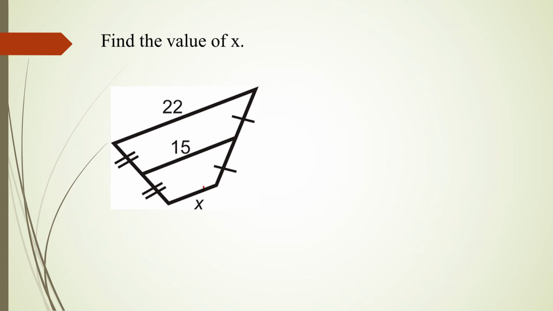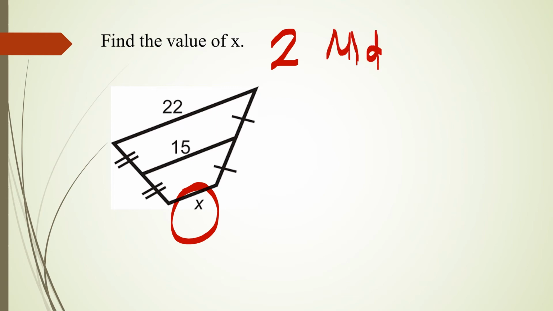Now notice that one of the bases is missing. So we have to reverse the process that was used in the previous slides. In order to find one of the bases, instead of dividing by 2, you're going to multiply the mid-segment by 2, and then subtract the base that you have.